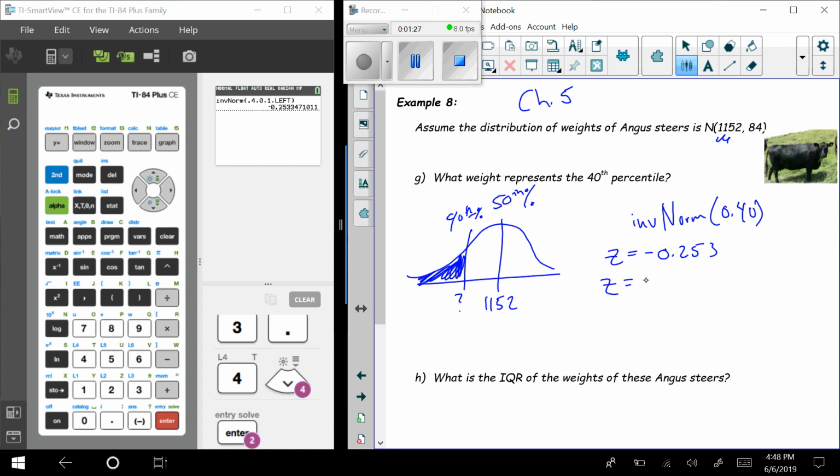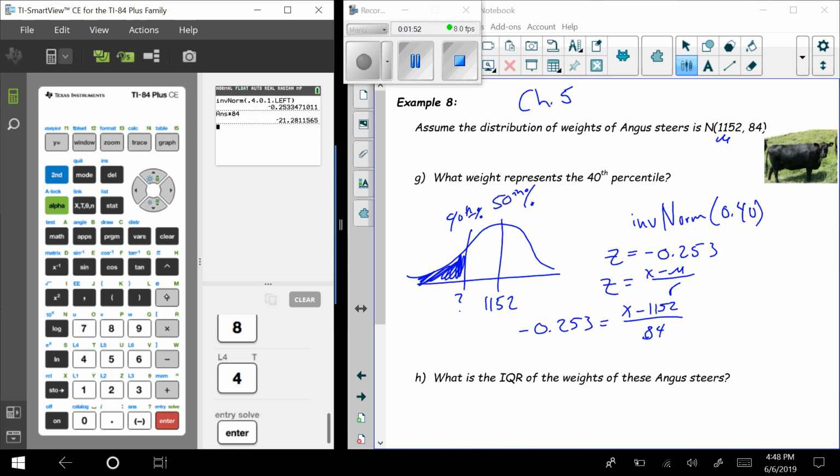Now, we have to unravel it. Remember, your z-score is equal to x minus mu divided by the standard deviation, which means that negative 0.253 equals x minus 1152 divided by 84. Coming back over here to the calculator, I don't have to do any rounding until the very end. If I just multiply that thing by 84, then I add 1152.